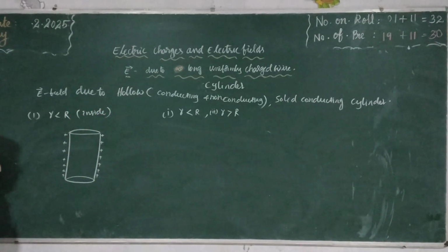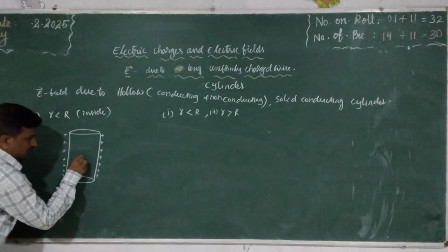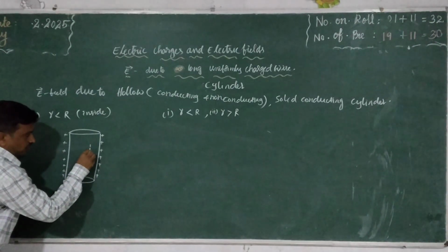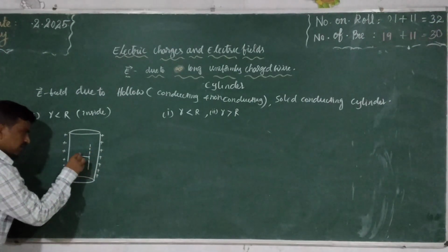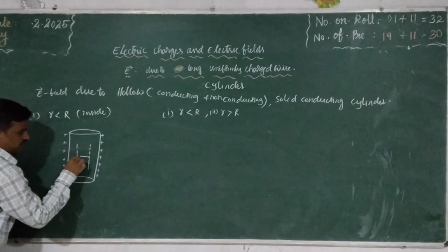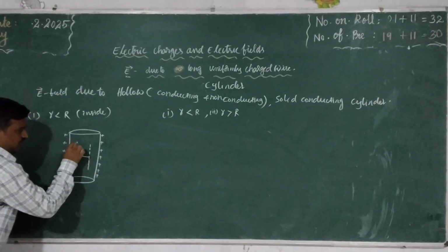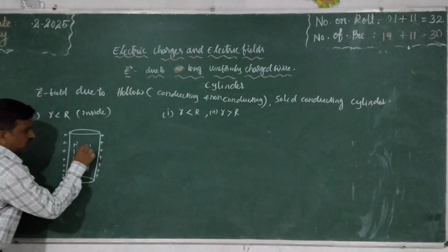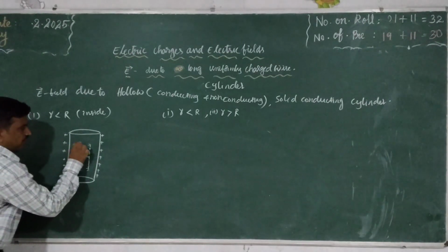For that, at a distance from the center we draw the Gaussian surface. For a cylinder, the Gaussian surface is a cylinder. This is the Gaussian surface at a distance from the center.